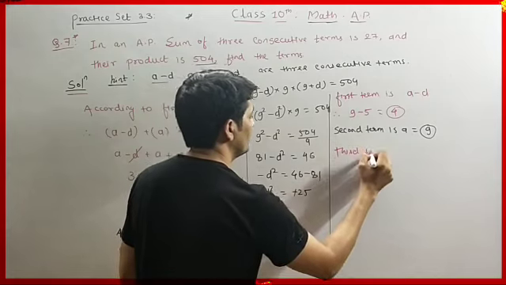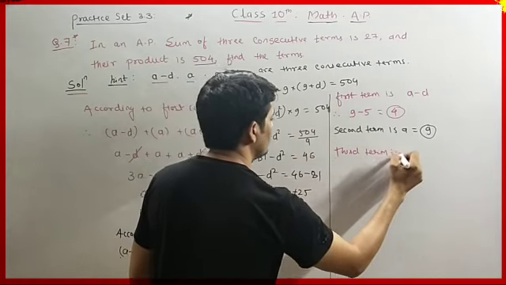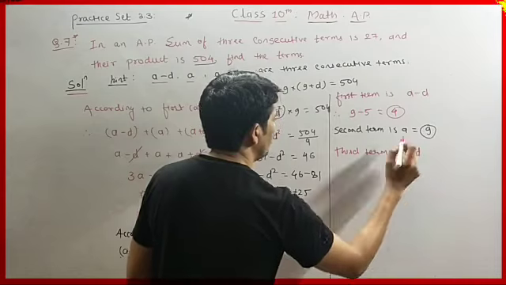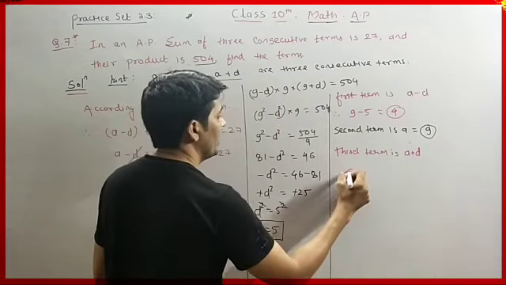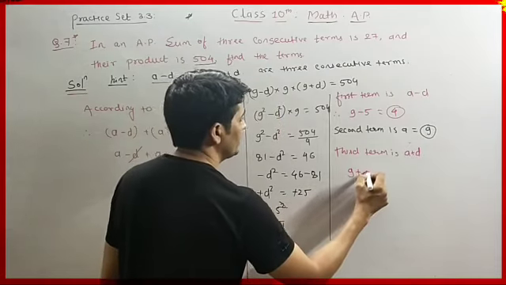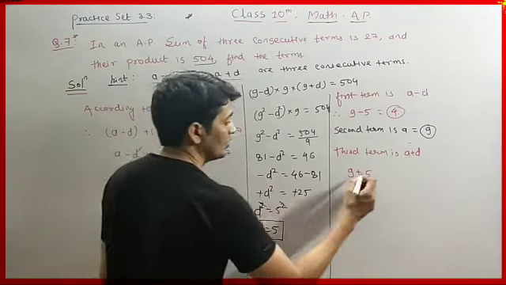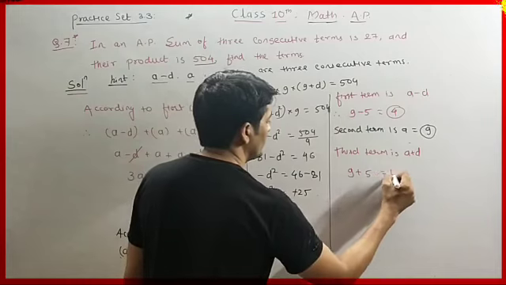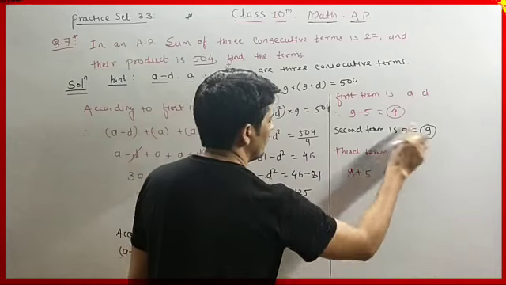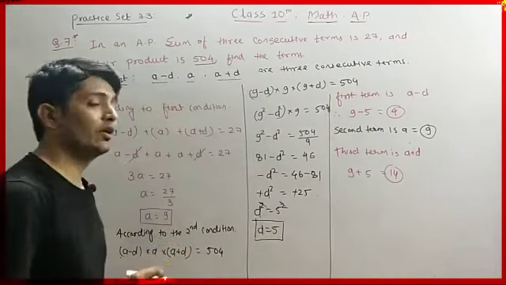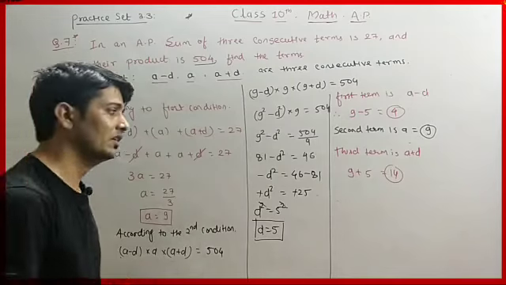Now the third term. The third term is A plus D. What is A? A is 9 plus D is 5. D is 5. So 9 plus 5 is 14. So we have all the three consecutive terms. That means we have our answer. So we have to write the result now.